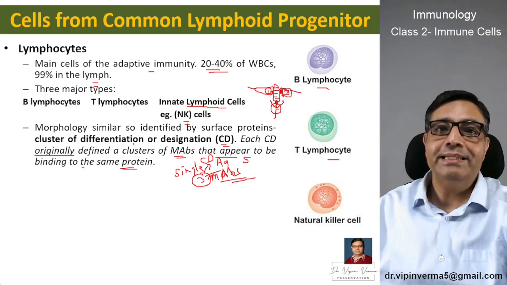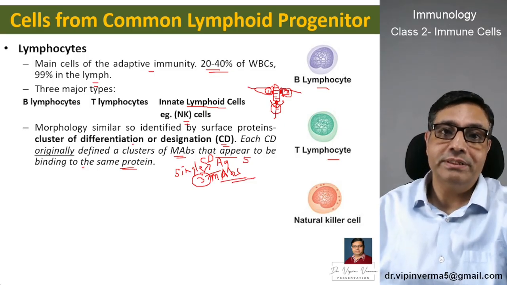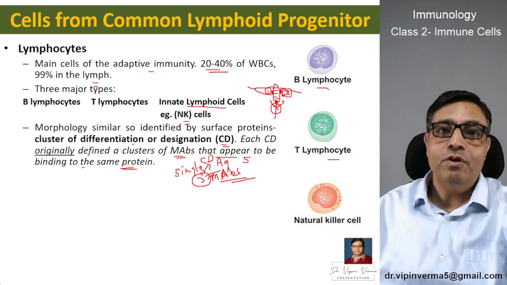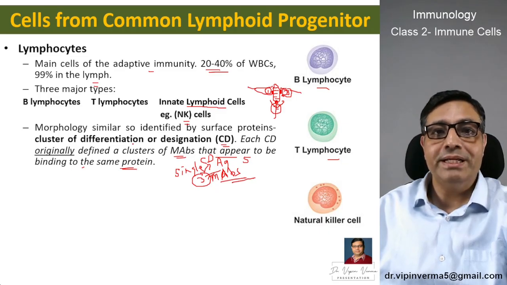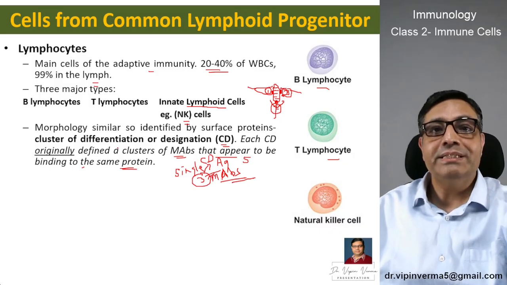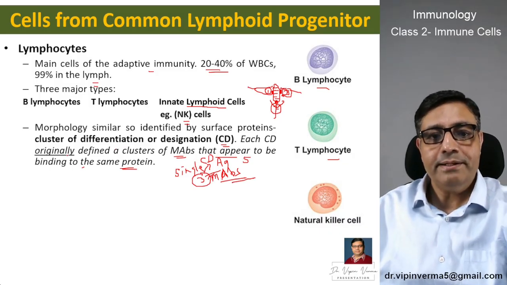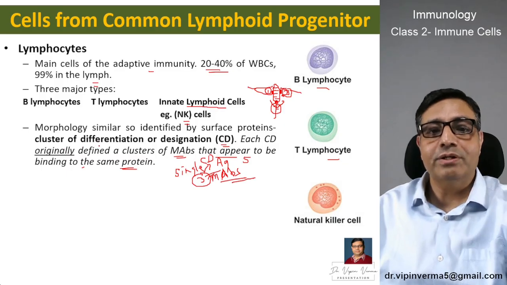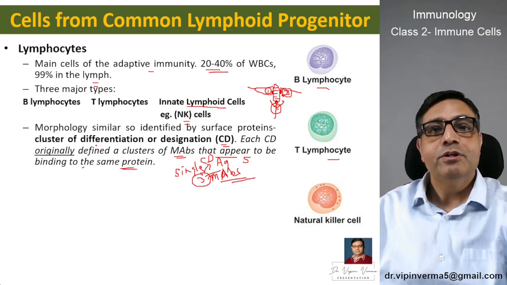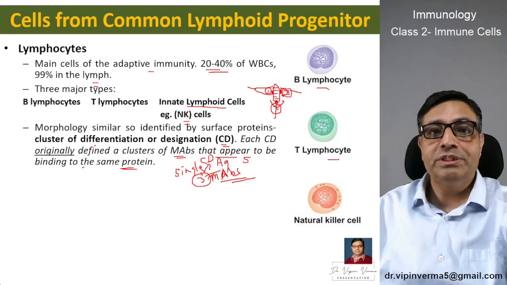In the case of CD10, there may be 100 monoclonal antibodies in the purse. It all depends on the type of protein, how large it is, and how many antibody sites it has. So this CD designation or cluster is very convenient to use to determine, select, and isolate cells.